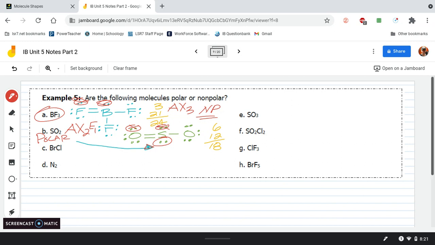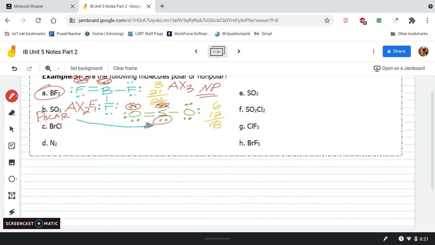So let's do this BrCl. Okay, I'll tell you right now that this one you don't even really have to draw, but you can look at that right away. So I can look at this right away without even adding any dots, and I can tell that this end and this end are not the same.